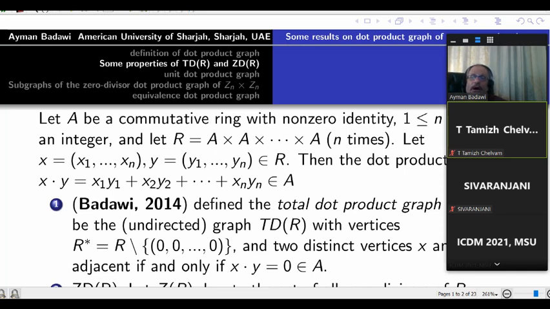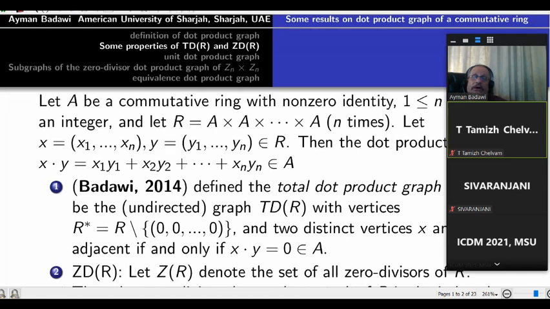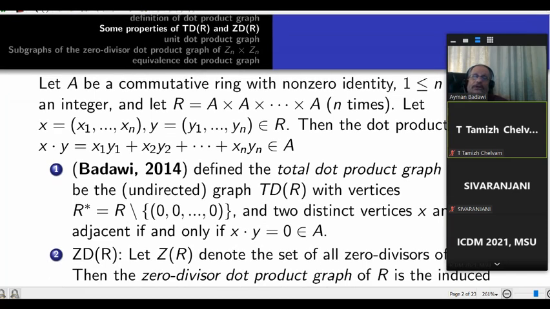And we want this element to be in A. That's the dot product, so we know what the dot product means.